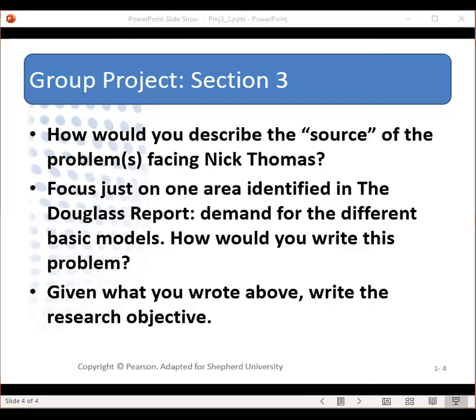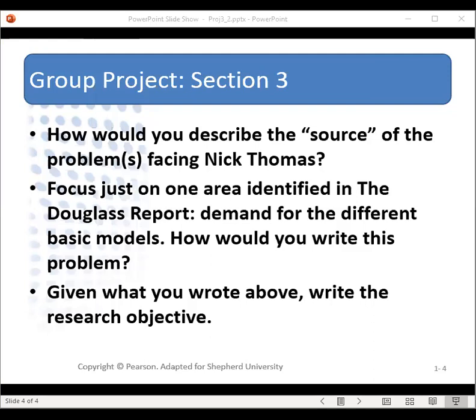And according to the chapter, an opportunity presents a favorable circumstance or a chance for progressing or advancing. So the circumstances facing Nick are the trend towards smaller, fuel-efficient automobiles, rising fuel costs, and attitudes toward global warming perhaps affecting demand for more efficient automobiles.